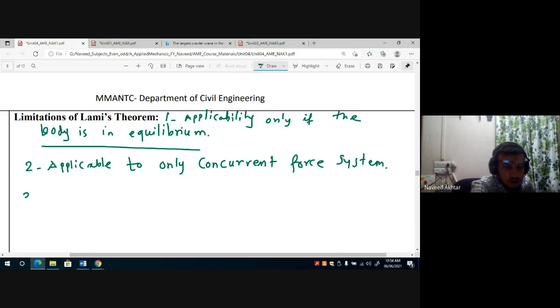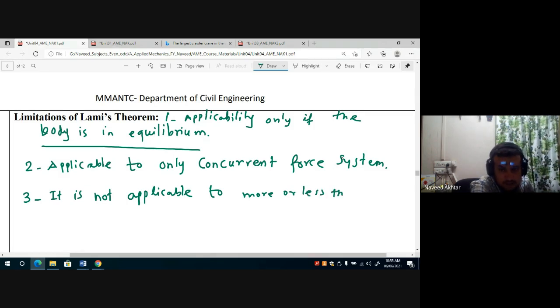So Lami's theorem is not applicable to more or less than three concurrent forces. तो ये भी उसका तीसरा लिमिटेशन है.